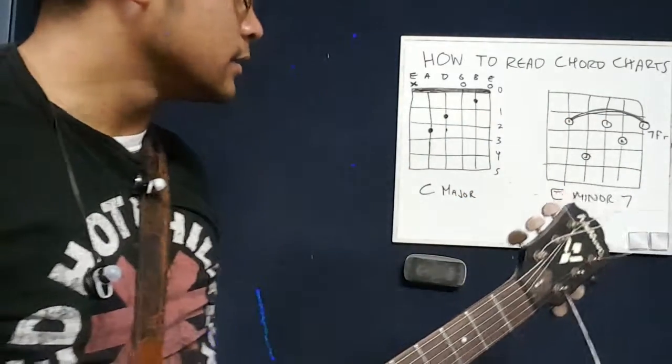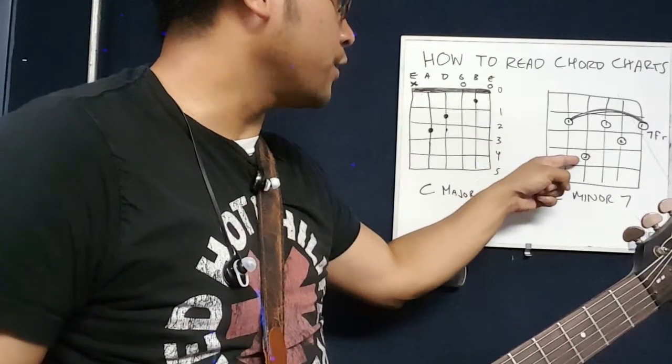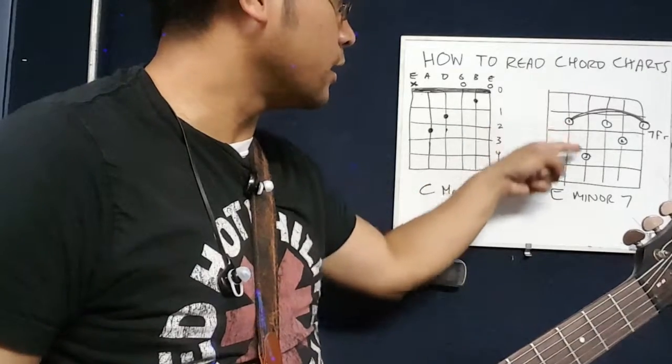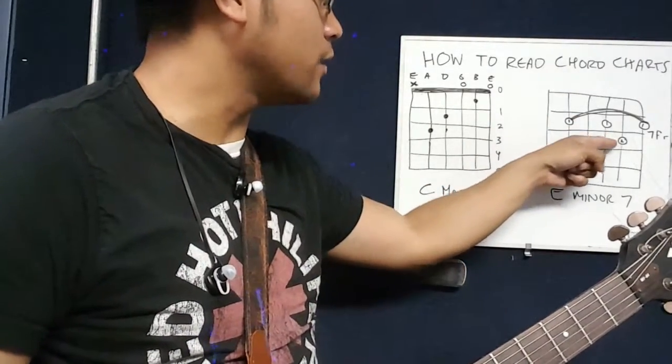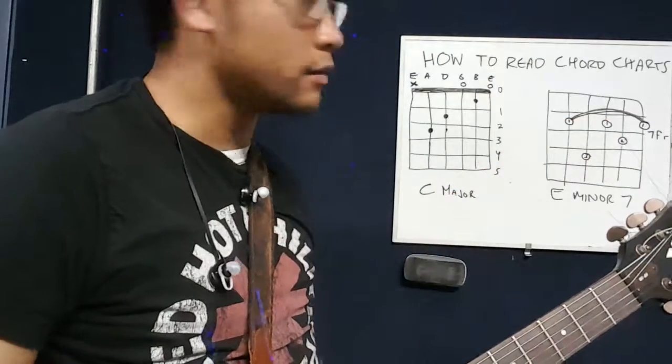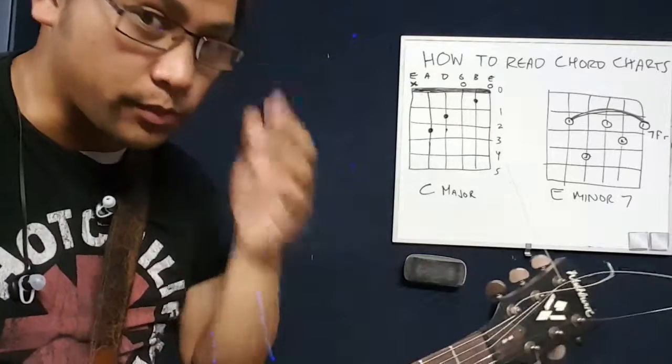And then you put your 3rd finger on the 9th fret and your 2nd finger on the 8th fret of the guitar, on the 4th and 2nd strings respectively. So what does that look like?